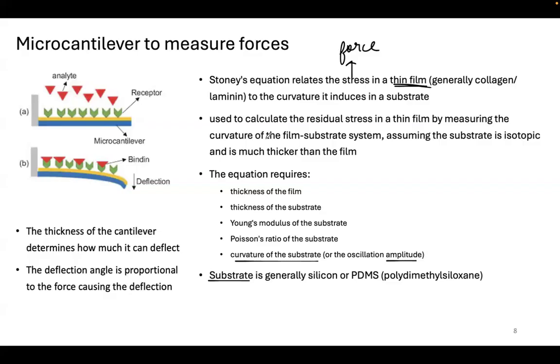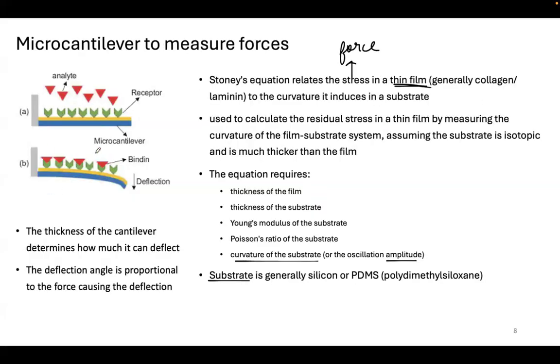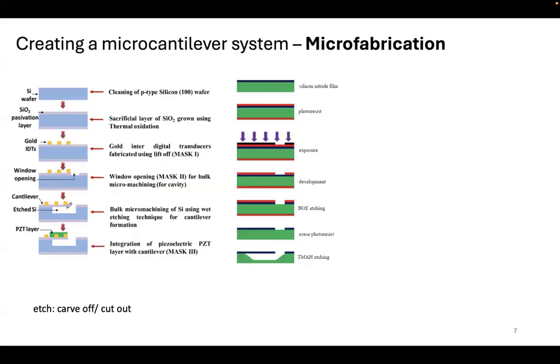So this is the basic principle of how a cantilever would be a good system to measure forces, some sort of a stress that's there on the top. But now, when you're working with cells, there are a few extra things that need to be considered. So if you think about this structure again, maybe we'll talk about this point, or maybe even this point.